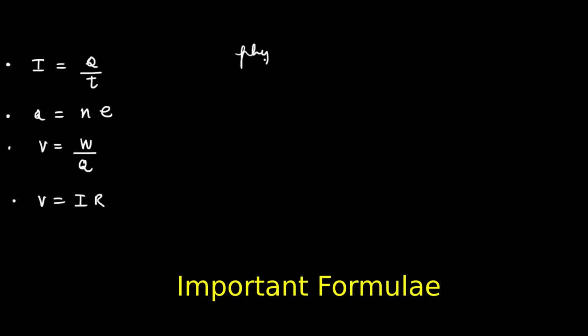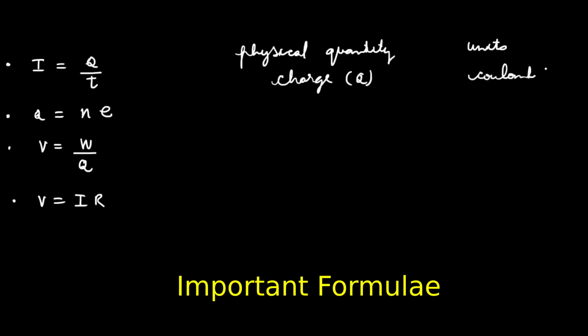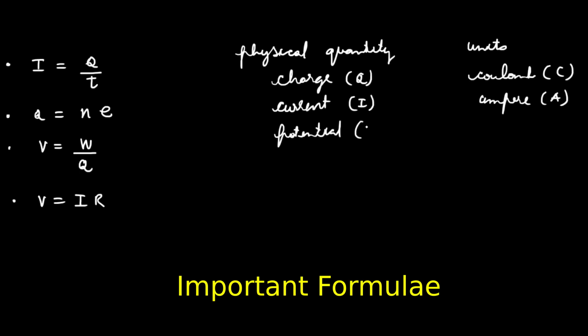So we have the physical quantity and we have units. Physical quantity is charge, which is denoted by Q, and the unit is coulomb, which is denoted by capital C. Then you have current, which is denoted by I and which is measured in ampere. Then you have potential, which is denoted by V and it is measured in volt.